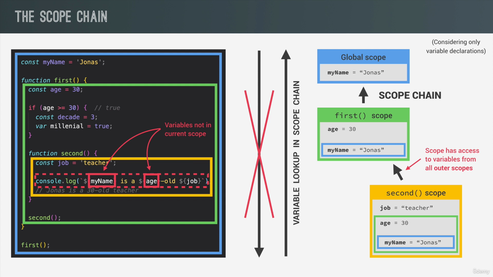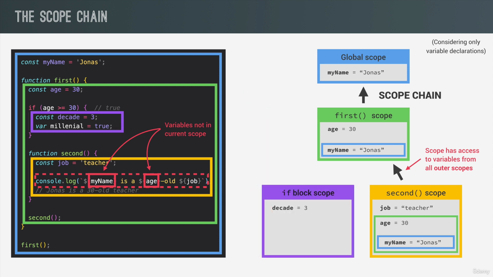Amazing, right? Anyway, we still have one more scope left here, and that's the one created by this block here. Remember that starting with ES6, not only functions create scopes, but also blocks. However, these scopes only work for the ES6 variable types, so for let and const variables. That's why the only variable that's in this scope is the decade variable.